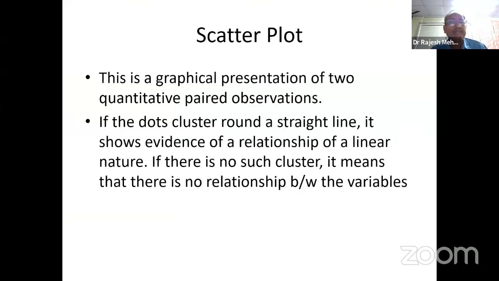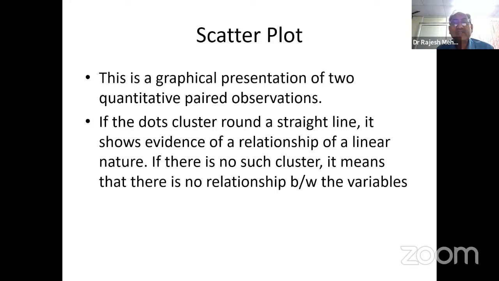Now, in a scatter plot, we plot two quantitative variables, like height and weight, income and expenditure, or blood pressure versus serum creatinine level, or cholesterol level and creatinine level.